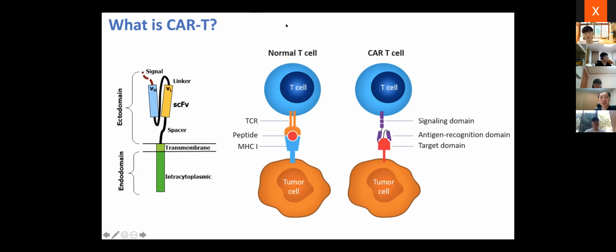The biggest difference between these two, can anybody notice and tell? Why should CAR T be better at recognizing the target compared to normal T cells? Let's say you introduce this schematic, the antigen receptor, the single-chain Fv. It may keep the original TCR; you don't need to delete it. Then what can be the advantage of this new receptor working better than the original T cell receptor?